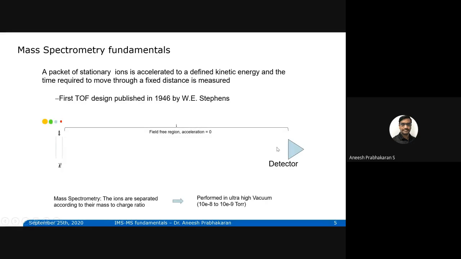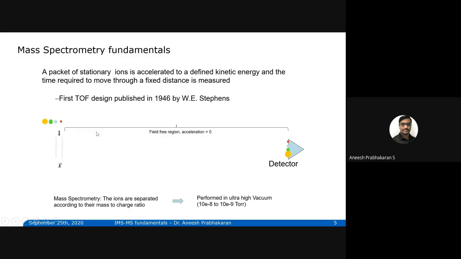This is a field-free region, and this is the detector. When we accelerate, different masses acquire different velocity, and arrive at the detector at different times. That way, we can identify what masses, what kind of molecules, are in our samples.